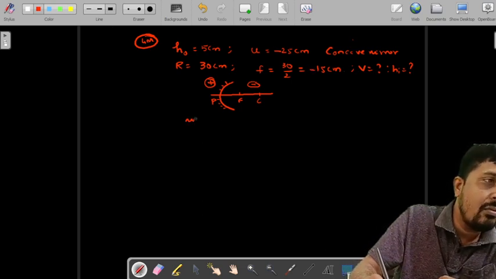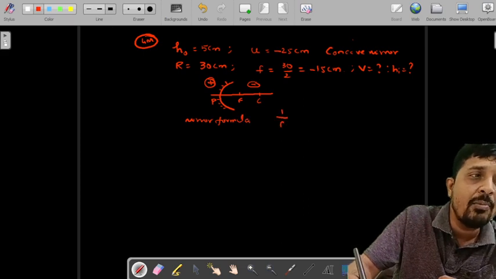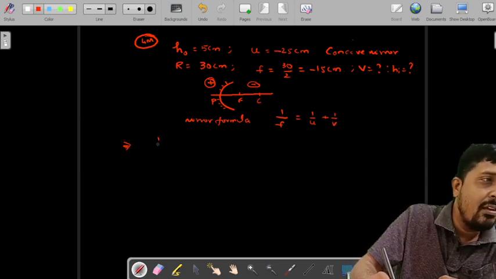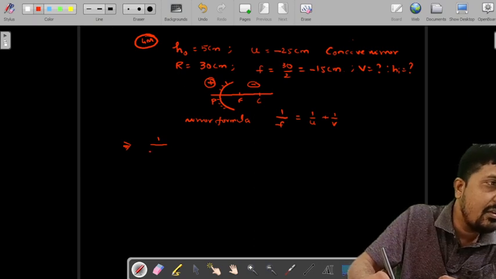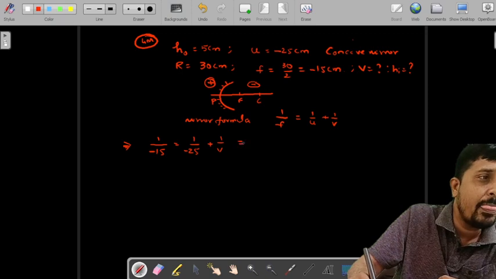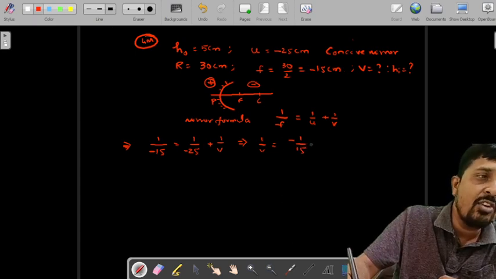Now we are going to use the mirror formula. What is the mirror formula? 1 by F is equal to 1 by U plus 1 by V. What is F here? Minus 15 is equal to 1 by U, what is U here? Minus 25, plus 1 by V. Now 1 by V is equal to minus 1 by 15, and this minus 1 by 25 is going to become plus 1 by 25.